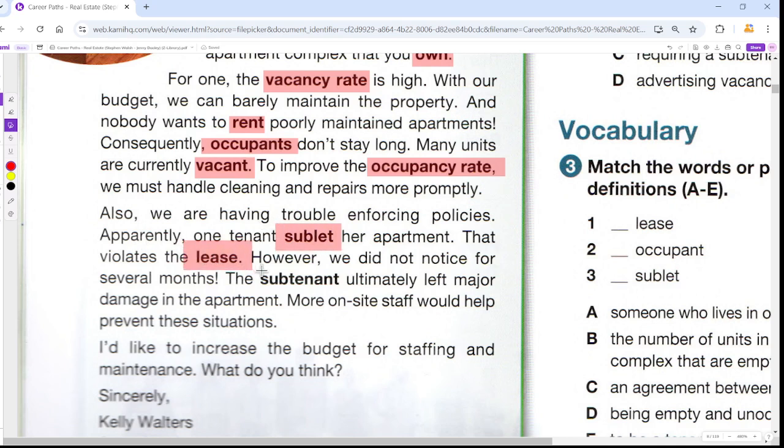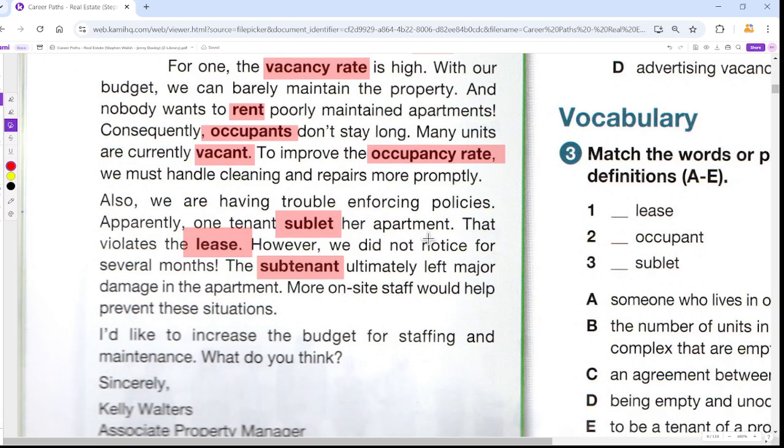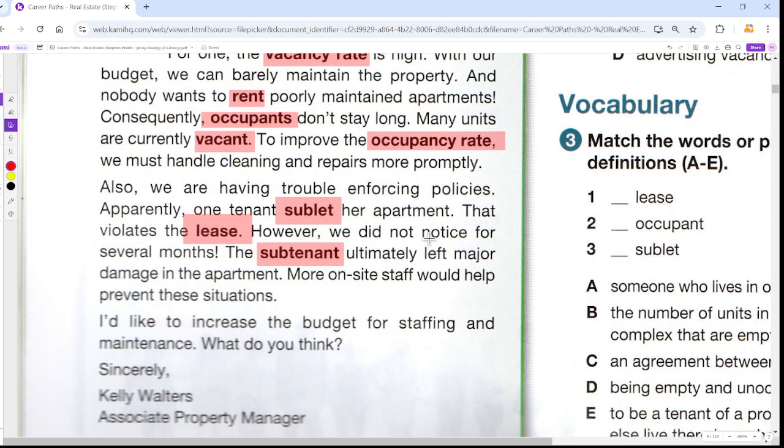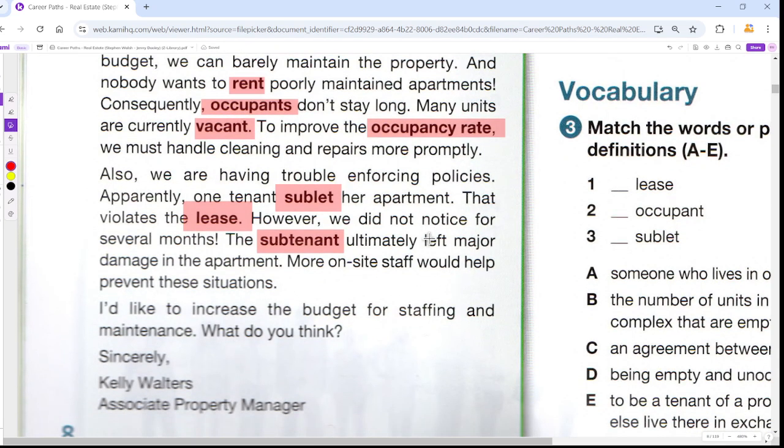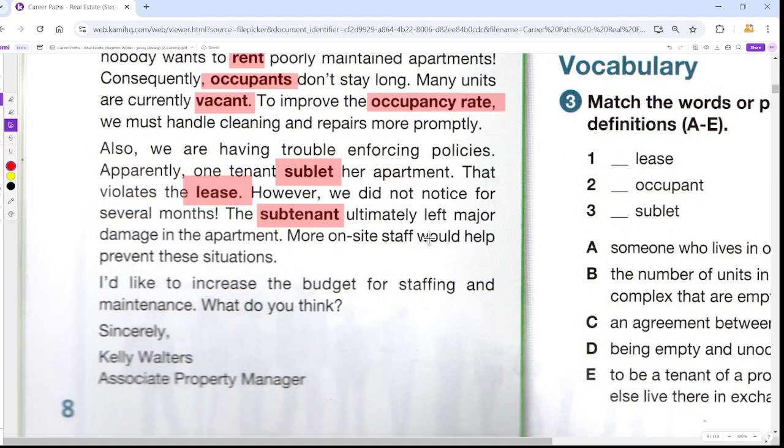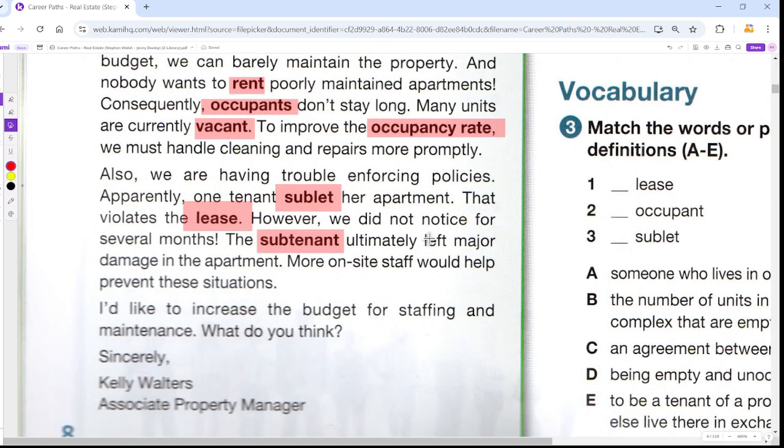However, we did not notice for several months. The subtenant ultimately left major damage in the apartment. More on-site staff would help prevent these situations. I'd like to increase the budget for staffing and maintenance. What do you think? Sincerely, Kelly Walters, Associate Property Manager.